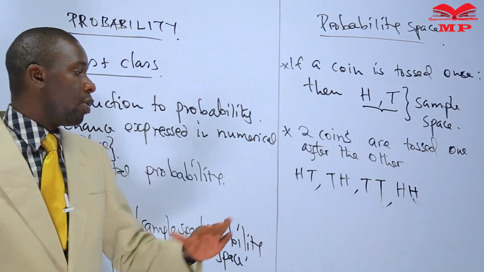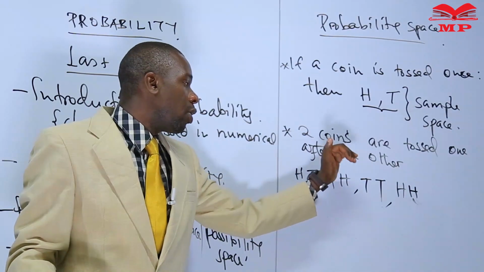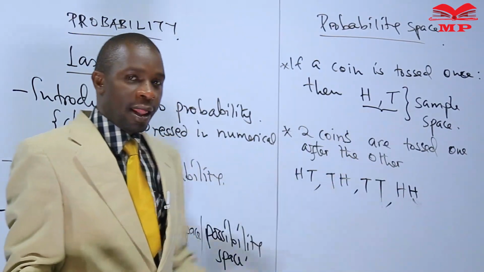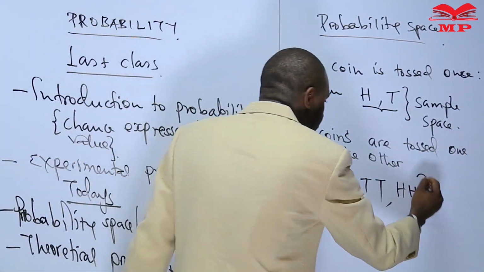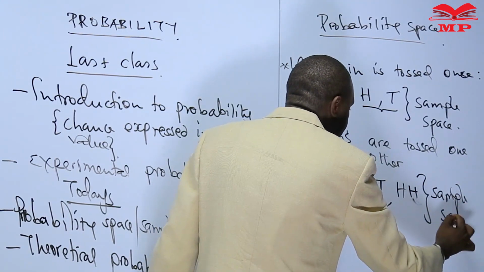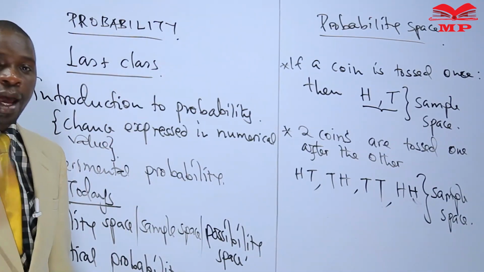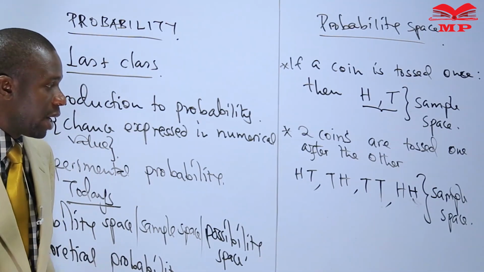So in this situation, these are the possible outcomes we can get when two coins are tossed one after the other. So this also forms what we call a sample space. So the total possible outcomes that you are likely to get when an event takes place.